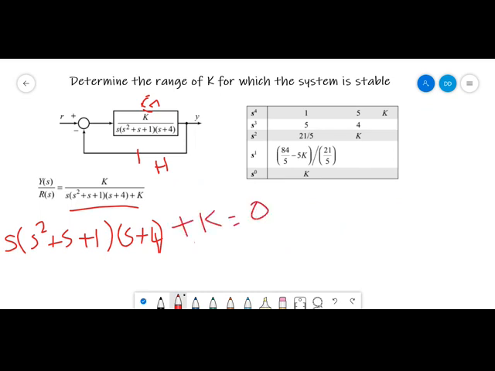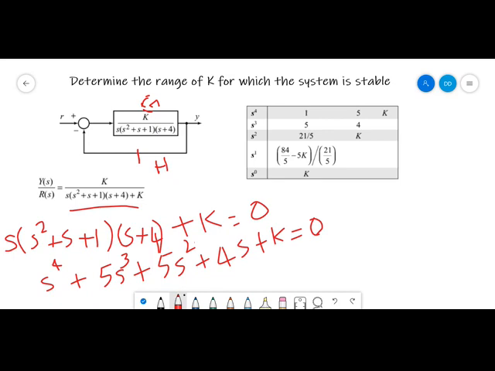On simplifying, we get s to the power 4 plus 5s cube plus 5s square plus 4s plus K equal to 0.